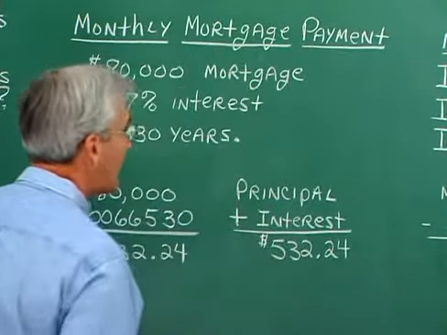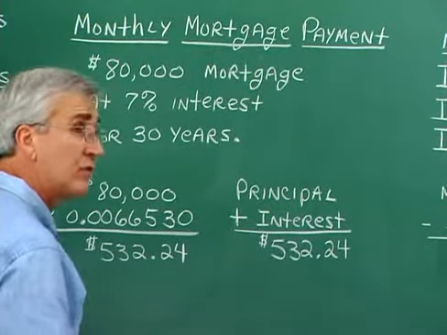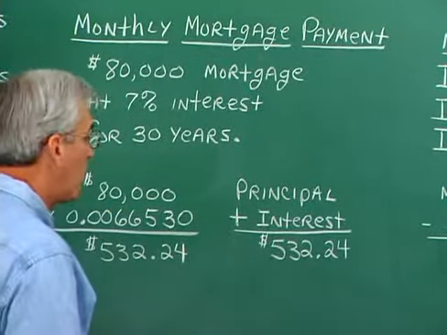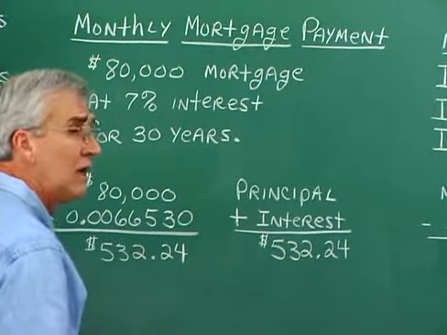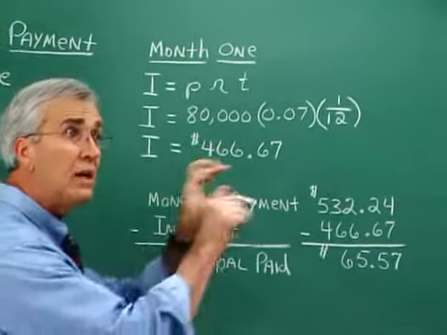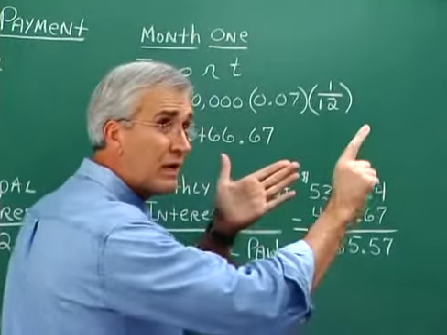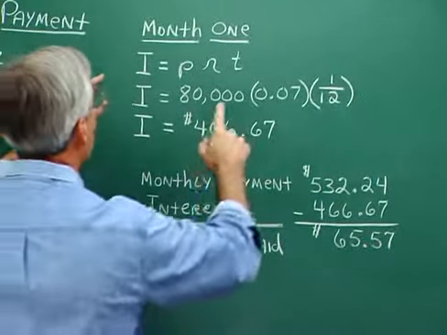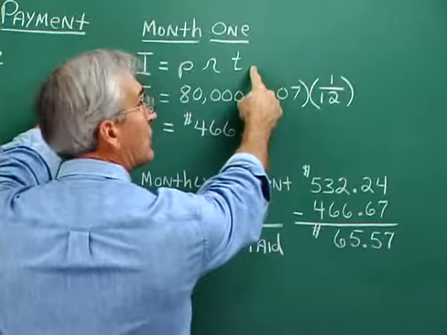We can actually make a calculation here for the amount of interest in the first month. It's not too difficult. We can just use the interest formula that we talked about earlier. As a matter of fact, let's go ahead and do that. In month one, the simple interest, we're using our principal of $80,000, that mortgage, for the interest calculation.